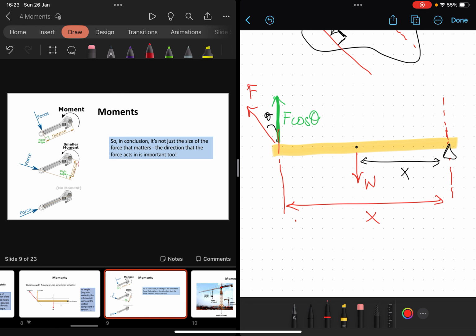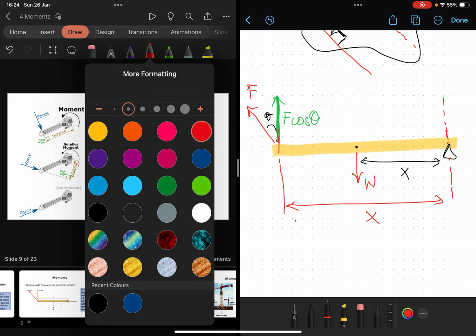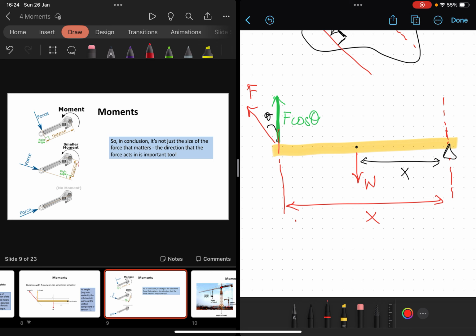So if we now return back to the diagrams that I showed you a few moments ago, now you should be able to see why the top diagram is going to provide the biggest turning force. There is the line of action of that force, and I've drawn my dotted line parallel from the pivot, and you can see the distance between those two.